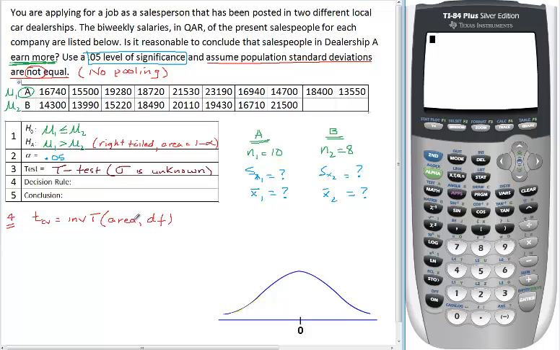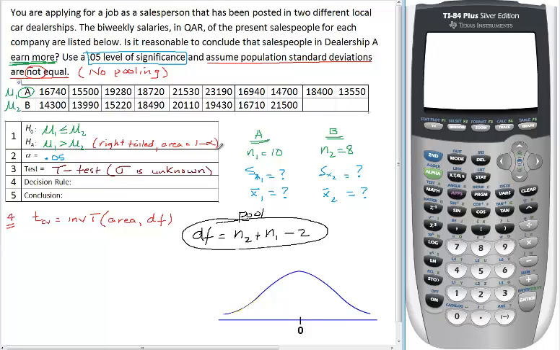However, because we're not pooling the data, since the population standard deviations are not equal, our degrees of freedom is significantly changed. We know that when pooling data, we use N1 plus N2 minus 2 for degrees of freedom.